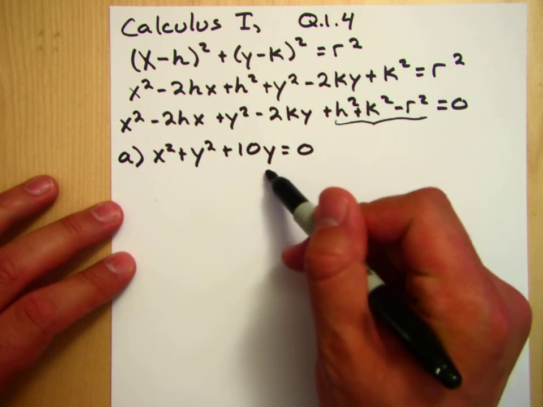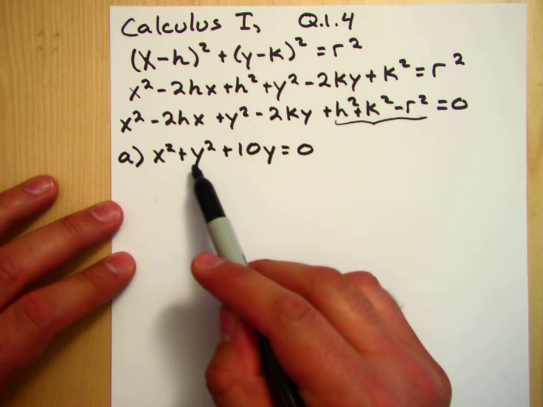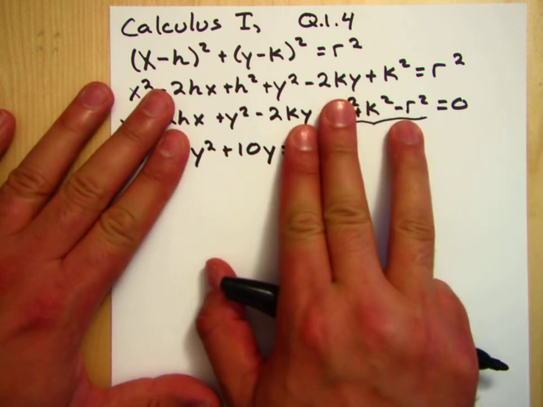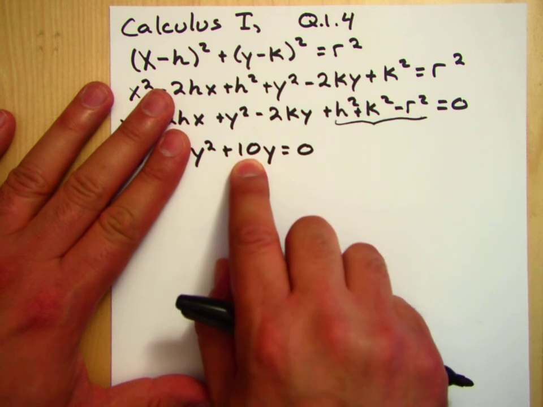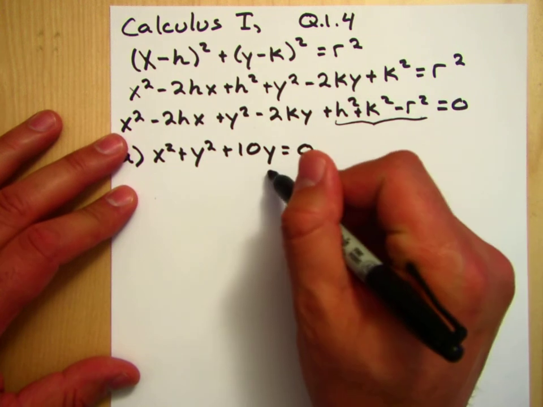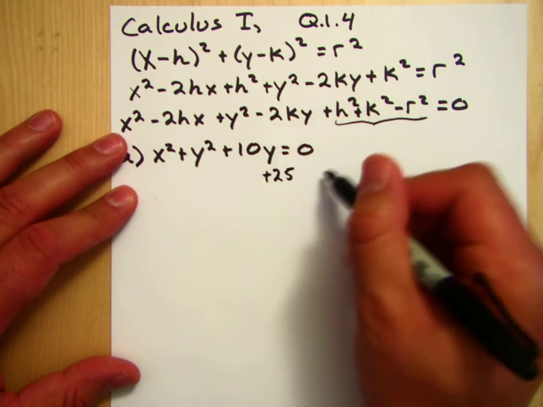So in this case, I'm going to add, and remember when you complete the square for y, let's say, y squared plus 10y, well, usually you take half of this right here and square it. So half of 10 is 5, squared is 25. So I'm going to add 25 to both sides.